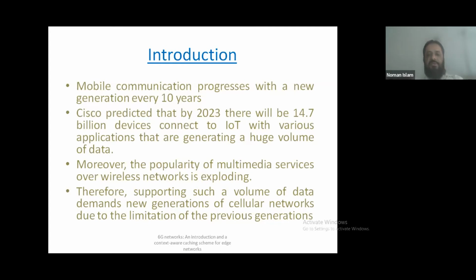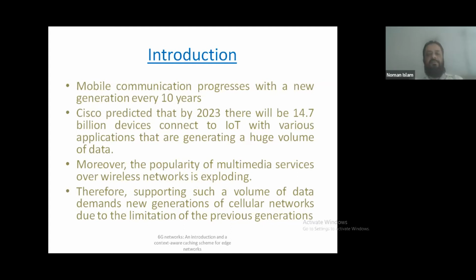Starting from the 1980s, we have the first generation, then the second generation enabled by GSM, then the third generation in which there were standards like UMTS, then the fourth generation where we have LTE, then the fifth generation that is currently under development, and then continuing this pattern, we can say that by 2030 there will be a next generation of mobile communication. People have started working on it.